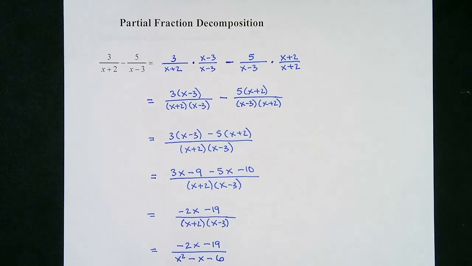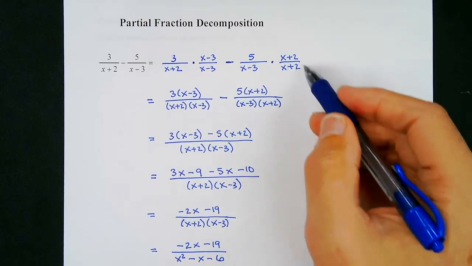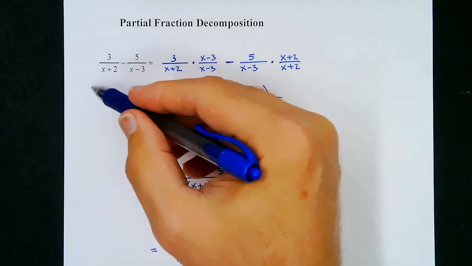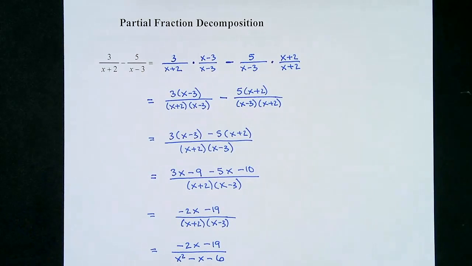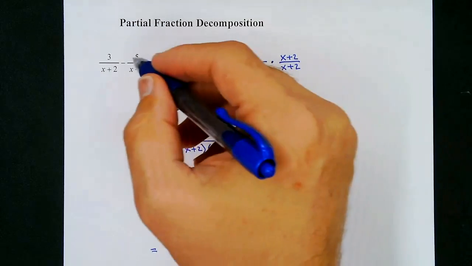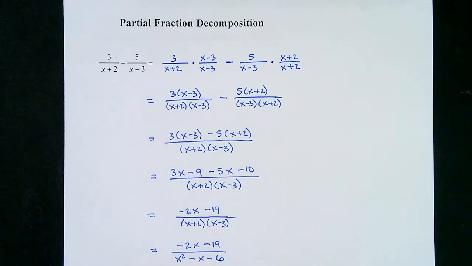So it turns out in calculus, we actually need to go in reverse. If we have something like this, we need to rewrite it and go backwards so it looks like this. And that's going to be helpful in integration. So we need to learn how to go backwards. How do we start with something like this and work our way backwards to the individual fractions that we either added or subtracted together in order to get this one fraction?